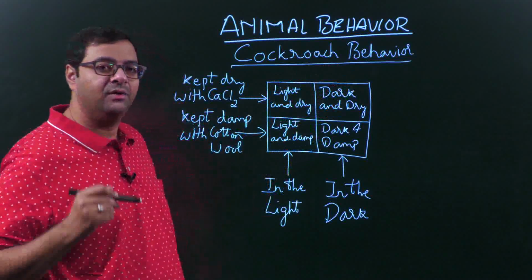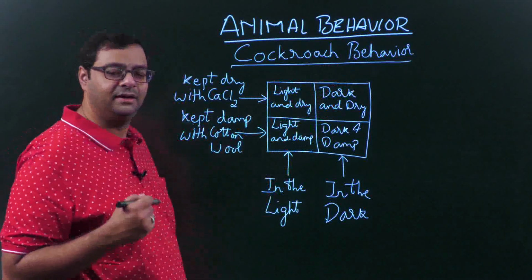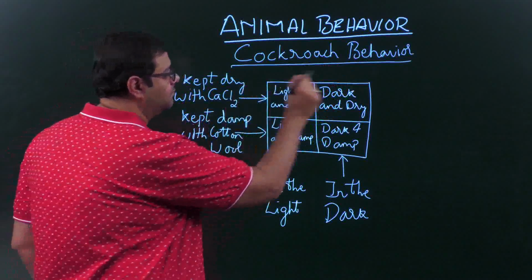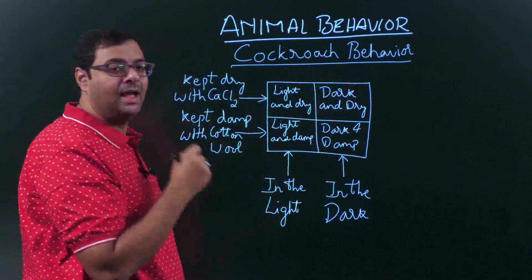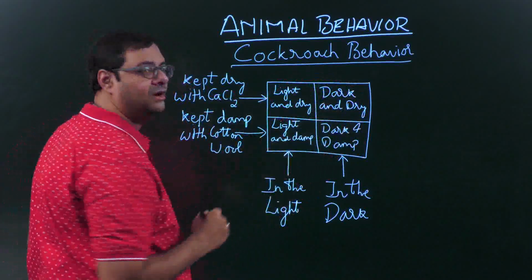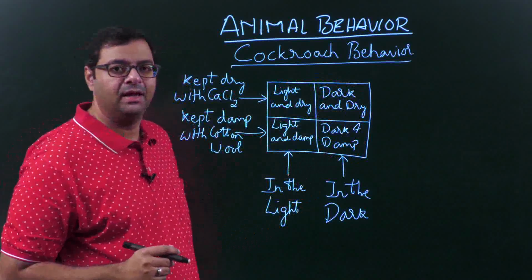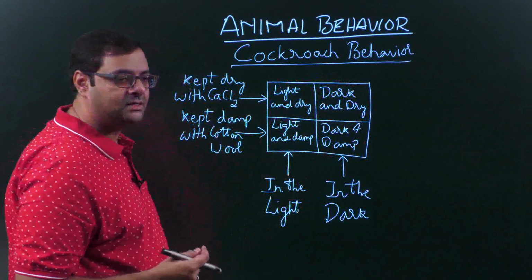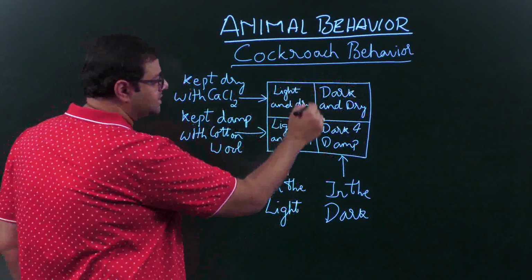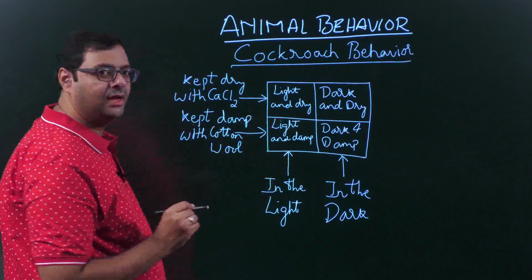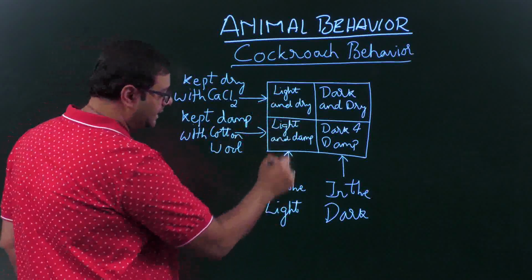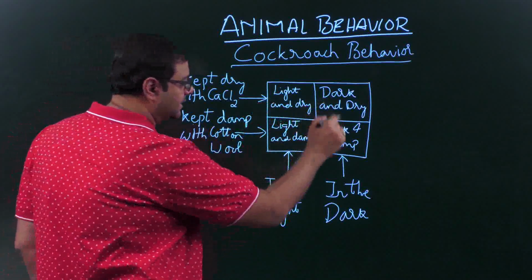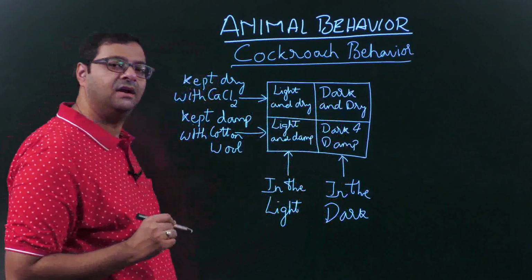Now in this experiment, what they did was, they took a box and divided it into 4 compartments. In those 4 compartments, one side was in the light and the other side was in the dark.